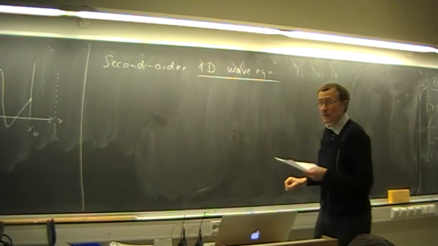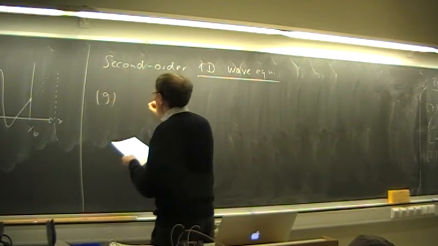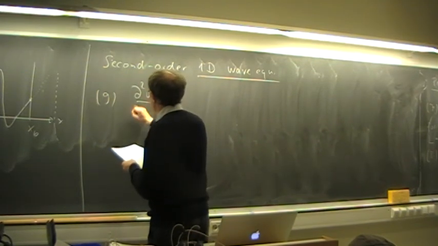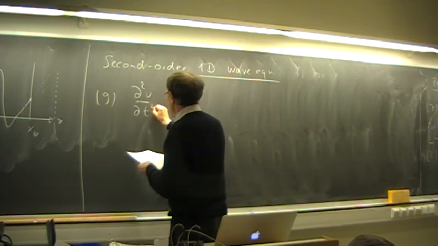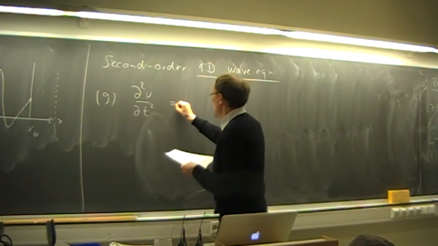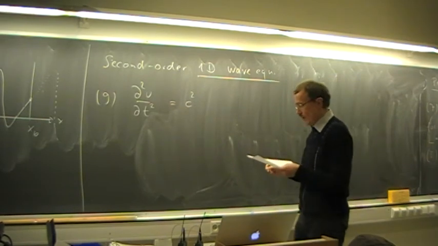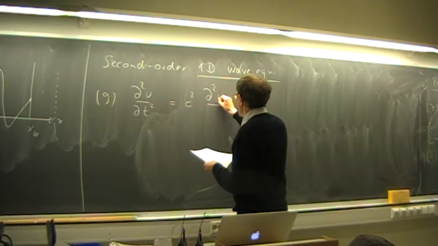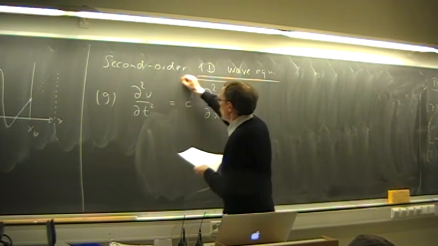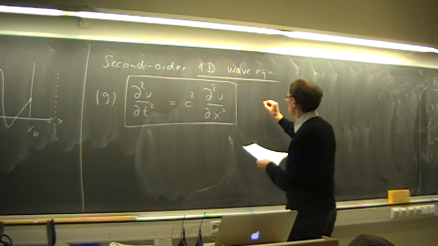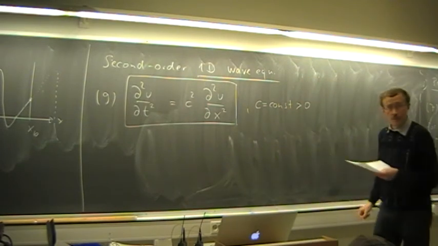Usually one just says the 1D wave equation. It would be, the second derivative of our dependent variable u with respect to time is equal to, and here we call the propagation speed c, c squared times the second derivative of u with respect to x. And in this case, c is also constant, but here it is always positive.